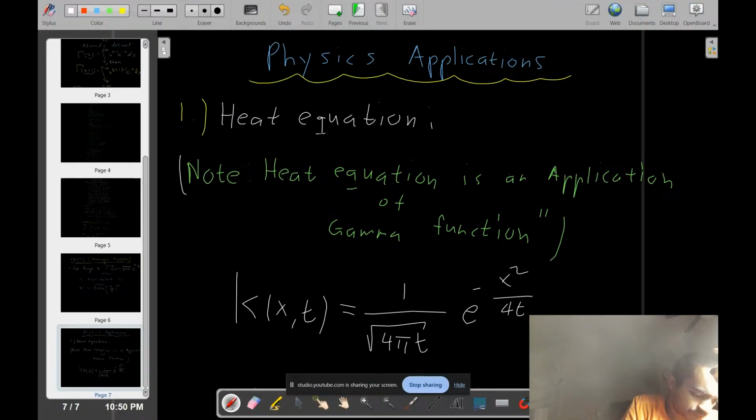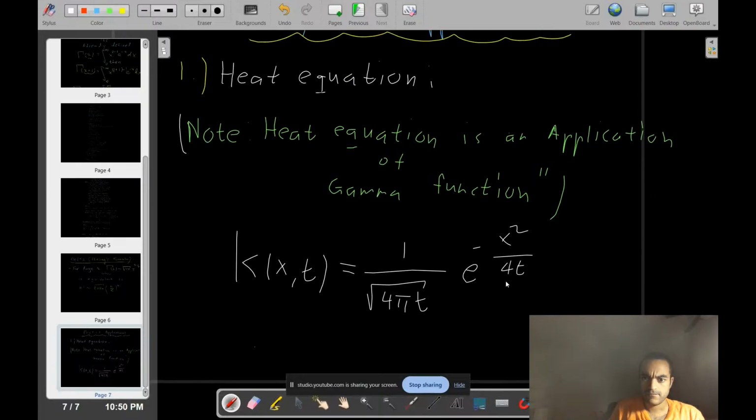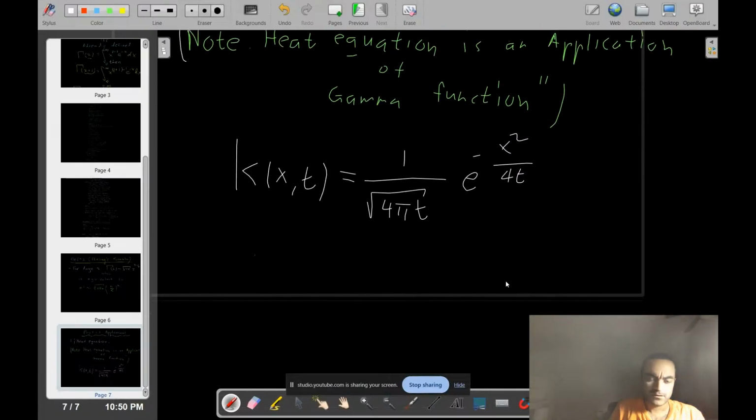So the gamma function appears in normalization and higher dimensional cases. Okay, so that's number one.